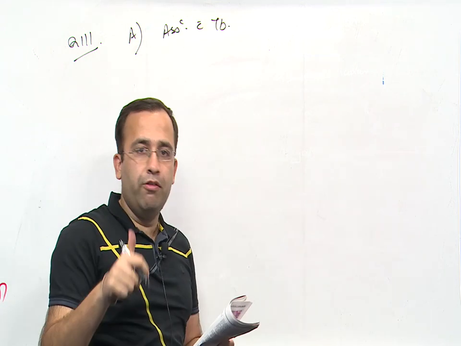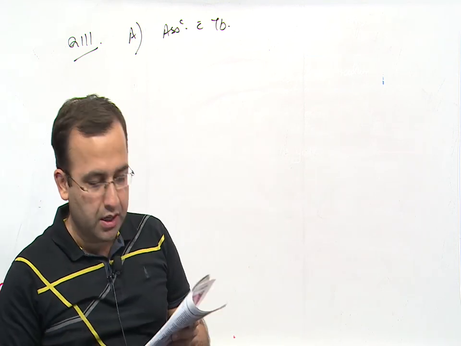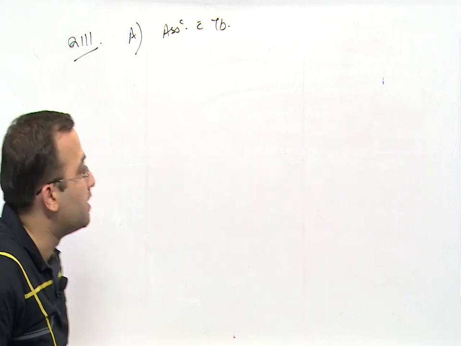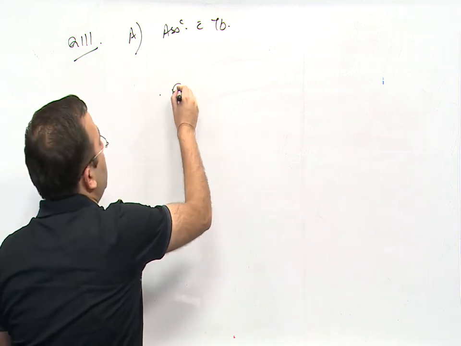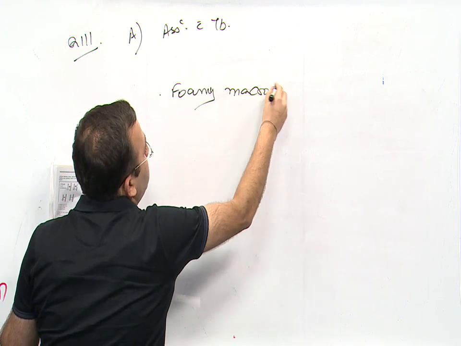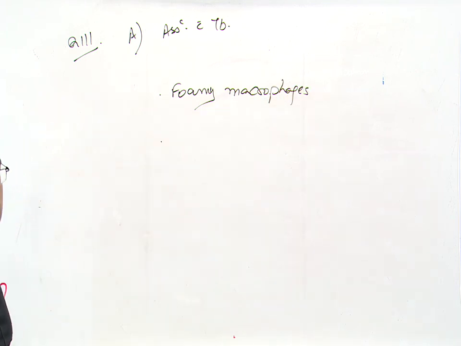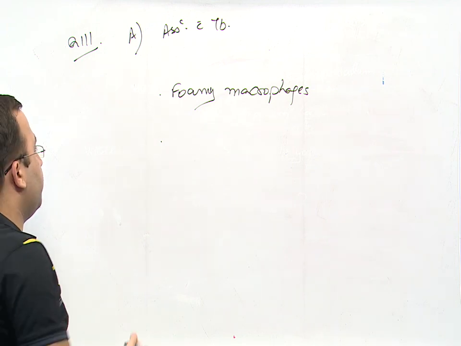You very well know foam cells are present, yellow nodules are present, and multinucleated giant cells are also seen. It also shows the presence of foamy macrophages.